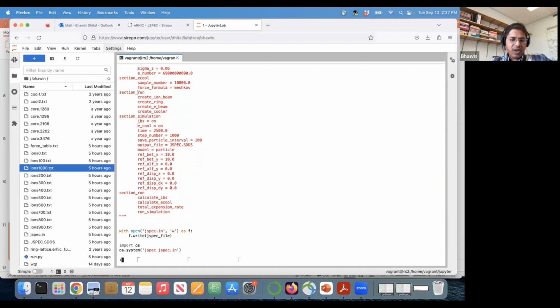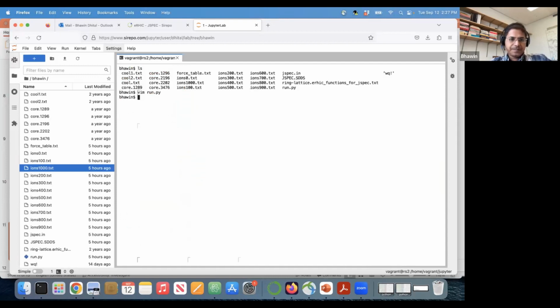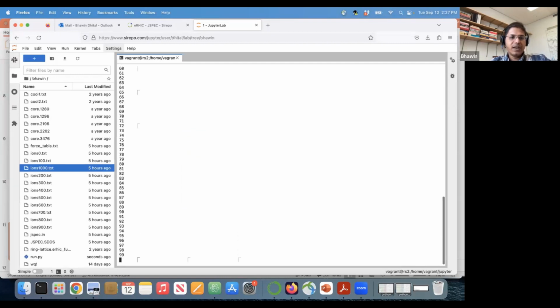Then you can go back, and JSPEC is already installed in the CRepo platform, so it is very easy to run that file. You just write python and run that file. It creates the bunched ion beam and runs the interaction cooling simulation. It may take a few more seconds.